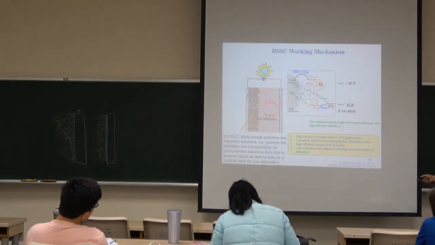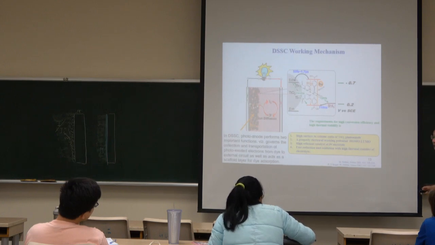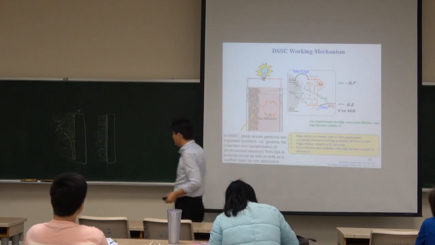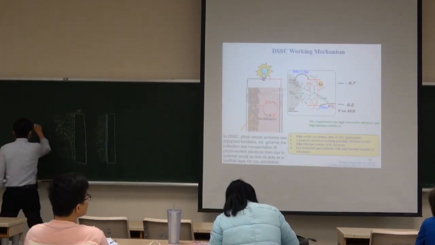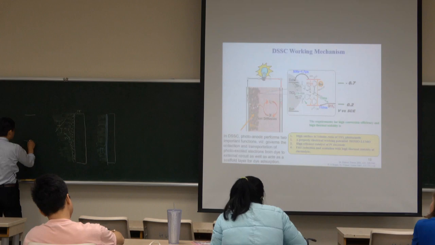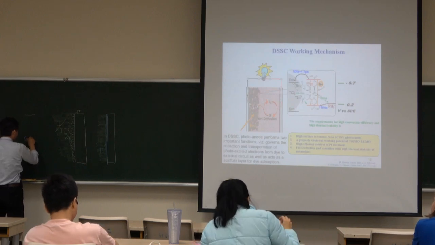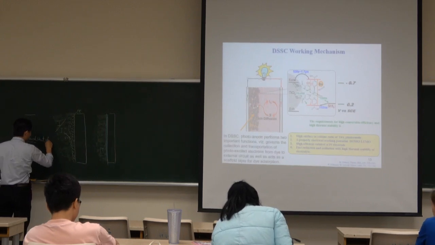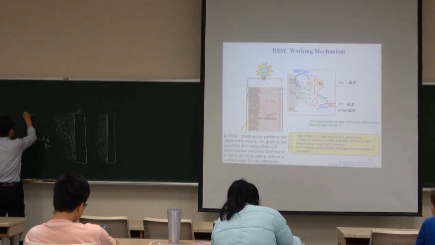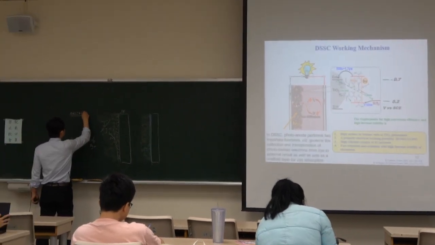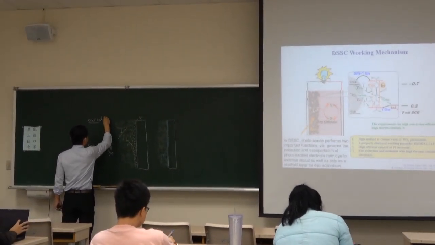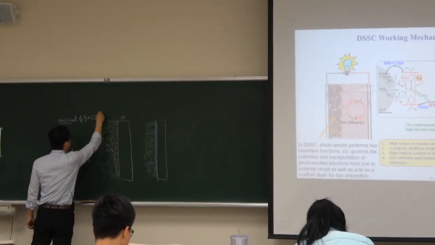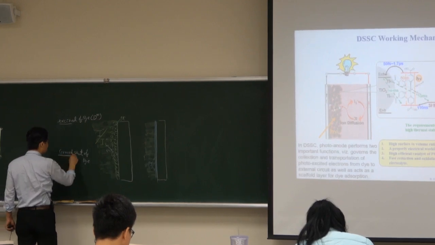Fast reduction and oxidation means here is the ground state of the dye, and here is the excited state of the dye.